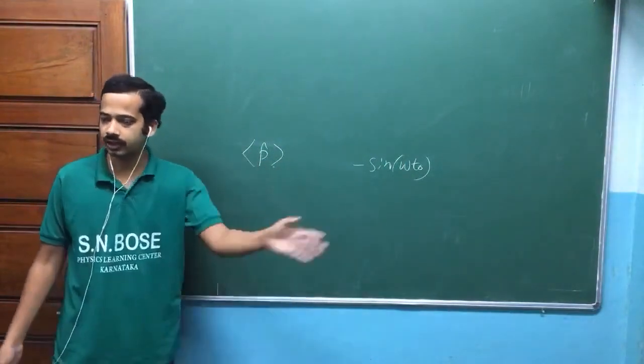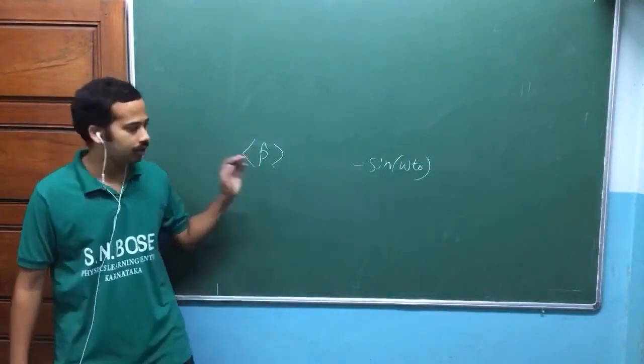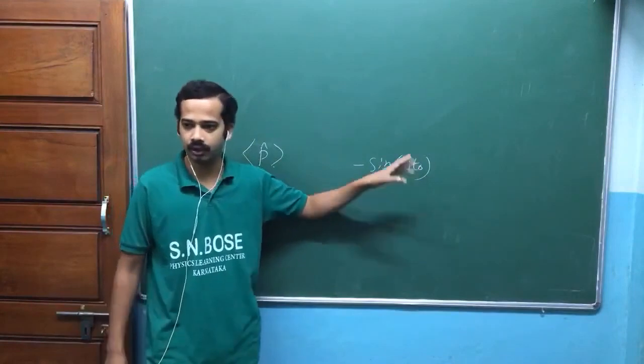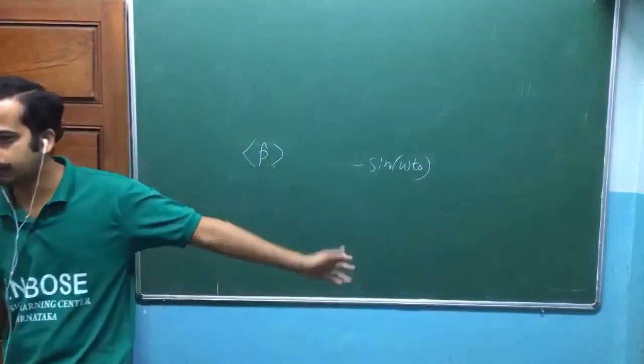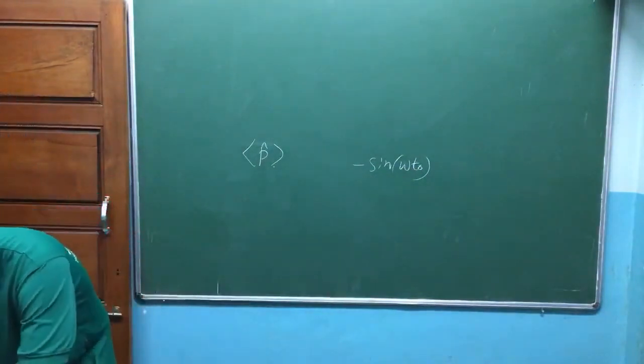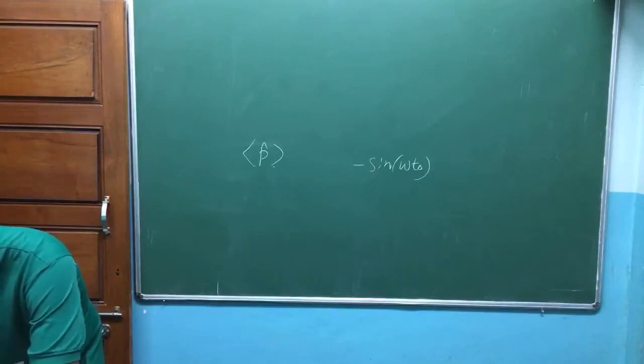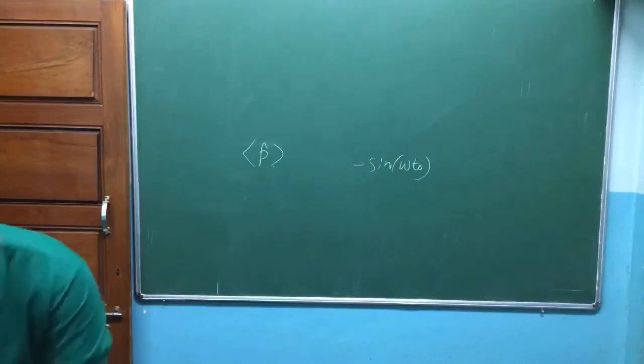That means you should take identically prepared systems, let them evolve up to time t naught, do the momentum measurement, and take the average. It all depends on that t naught, okay? We may get average P negative, obviously.